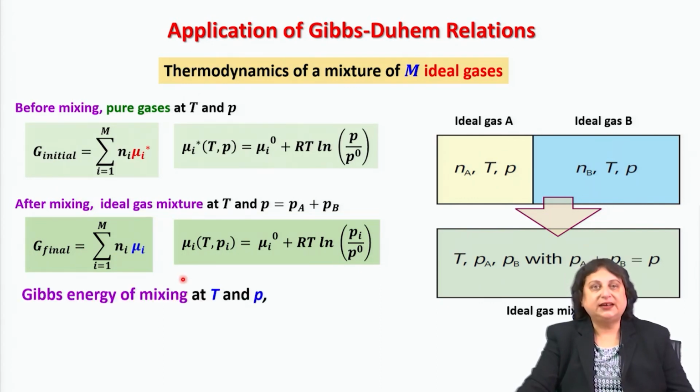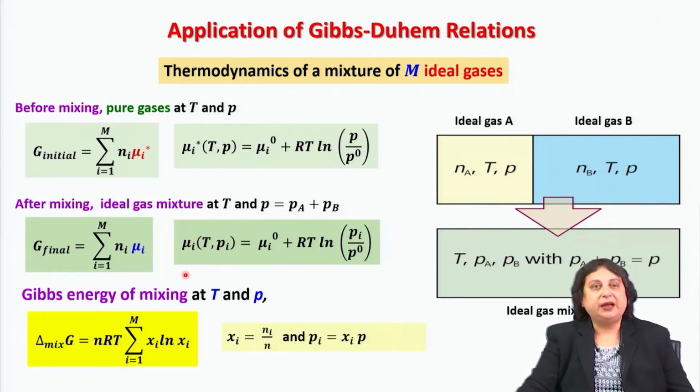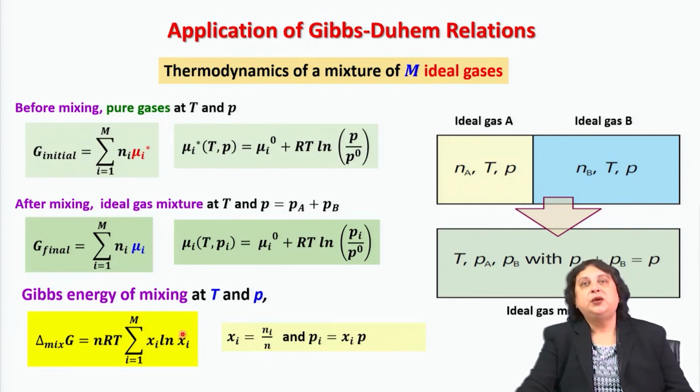The result that I am going to use is the Gibbs energy of mixing at a given temperature and pressure, which is given by delta G mix, that is equal to nRT, then a summation over the terms x ln x corresponding to each of the components present in the mixture. Therefore, this is the working formula that one needs to remember when one is solving problems pertaining to thermodynamics of a mixture of m ideal gases.